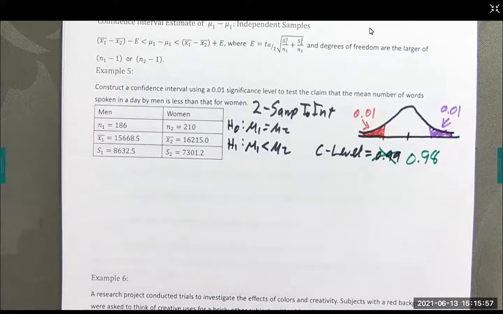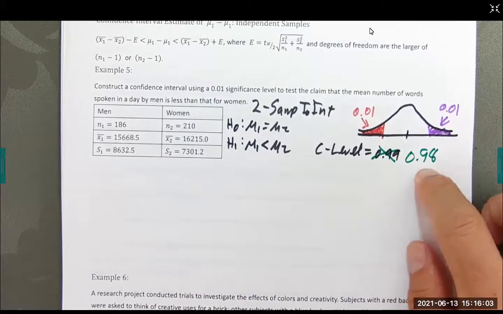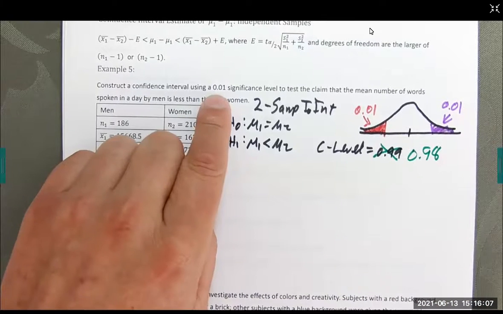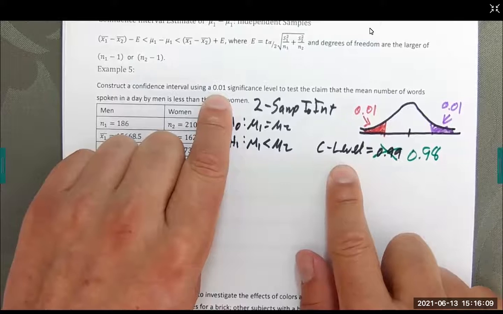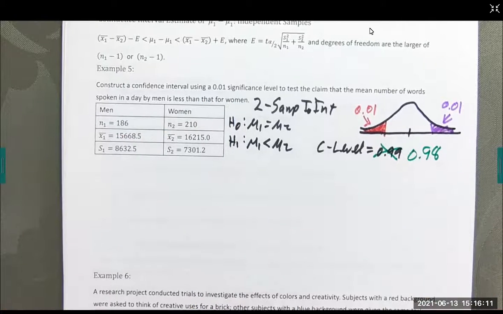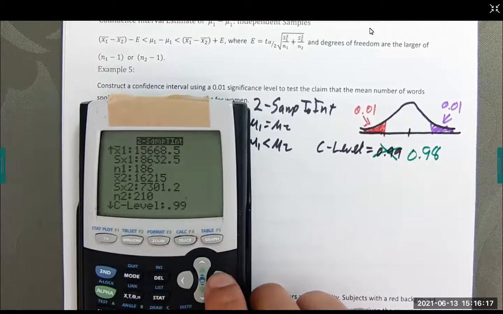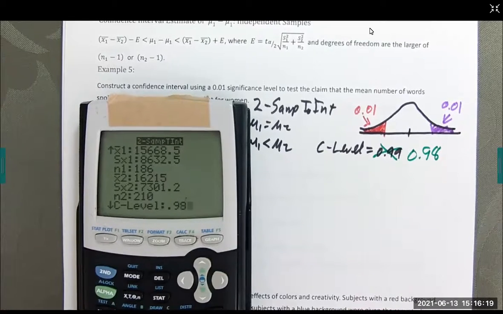And it only matters when we have a one-tail, because we need a second tail. So it dropped down by that. So if this was 0.05, then the C level would be 0.9 and so on. So this is that somewhat weird case. So let's get back to here. And when we go down to our C level, it's not 0.99, it's now 0.98.